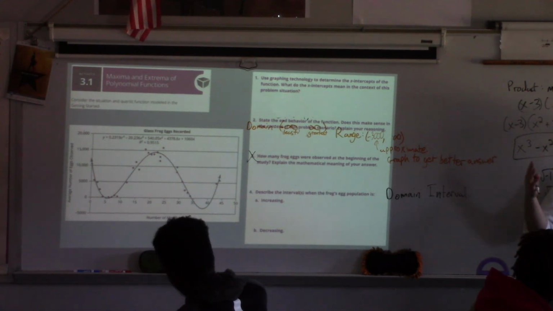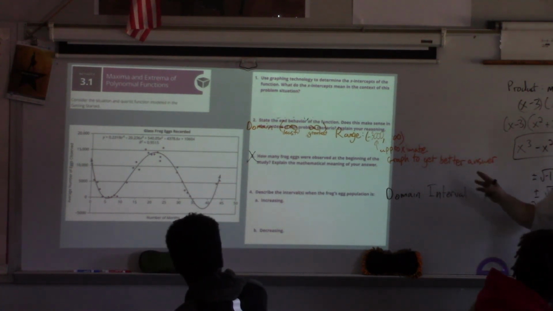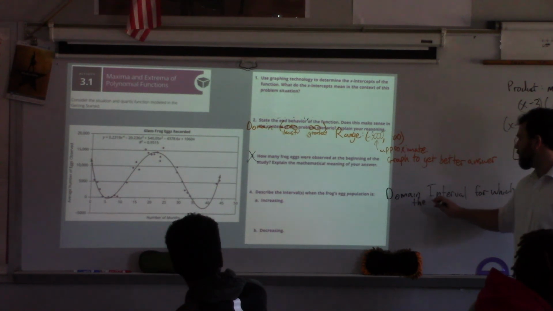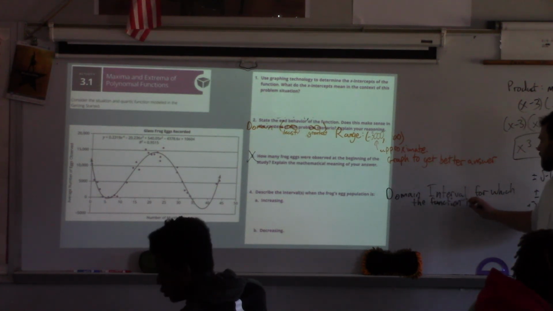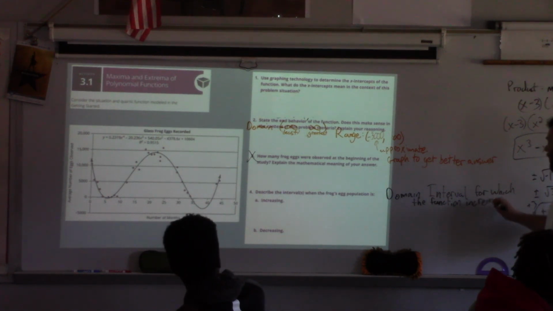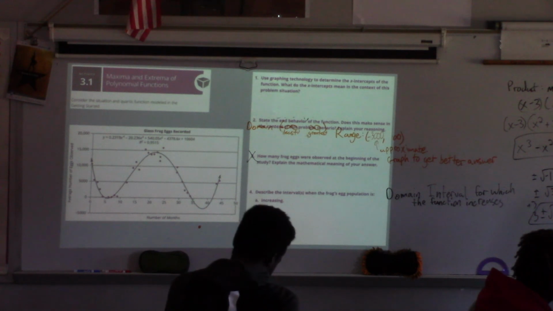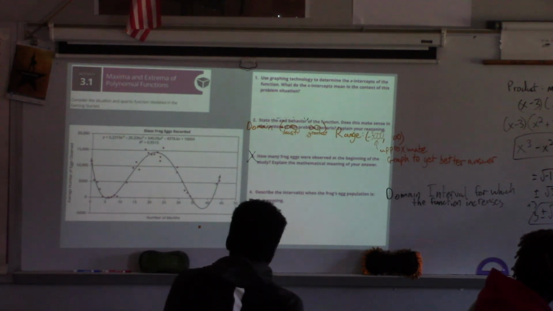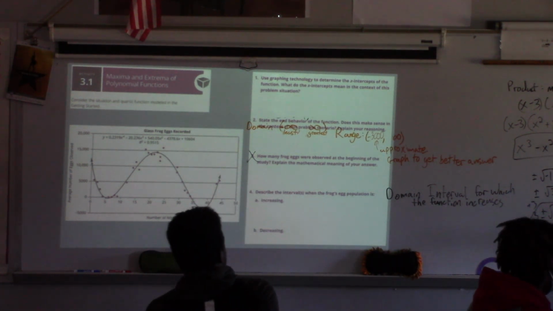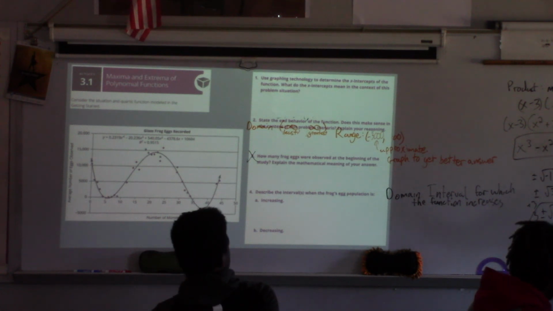Domain is my X. But I'm looking for a domain interval for which the function increases. I want you to think about this graph. We always read a graph the same way we read a book, from left to right. If I'm reading from left to right, the x value is always what?